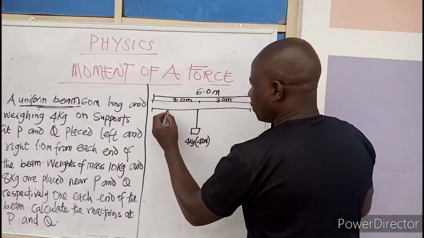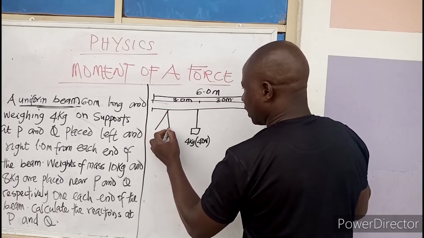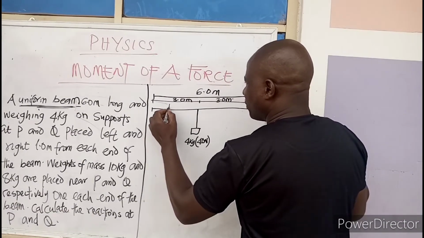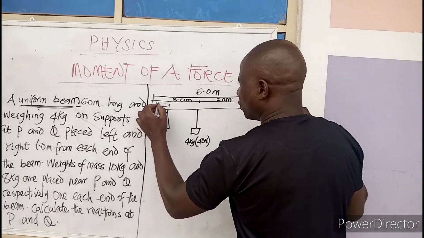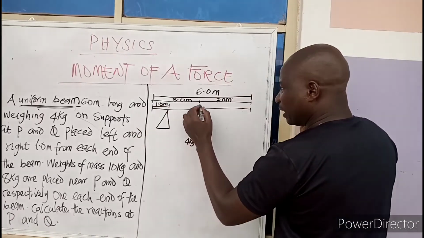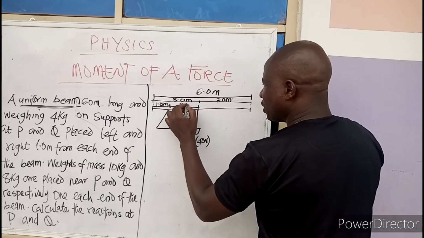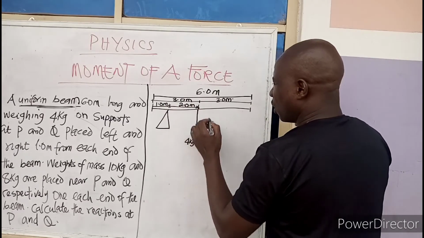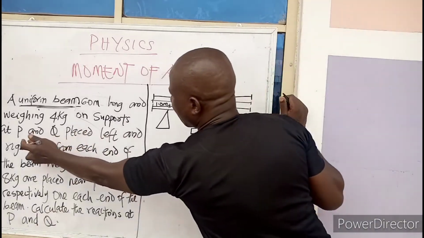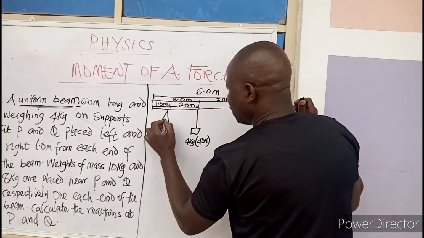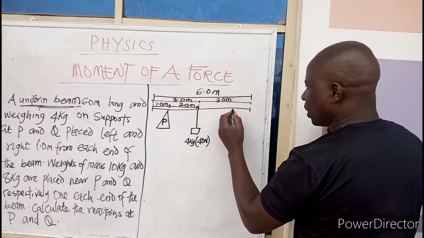So it means, I will say, this is my support 1. From here to here is 1.0 that they gave us. Definitely, from here to here is going to be 2.0 meters. Which letter comes first? P. So this is our P. We go to the next one.